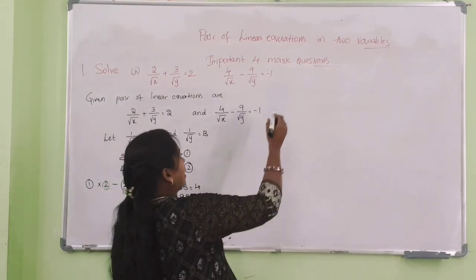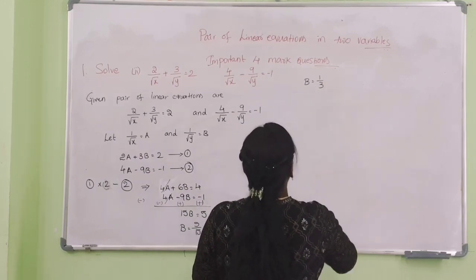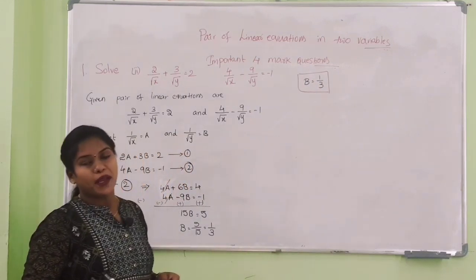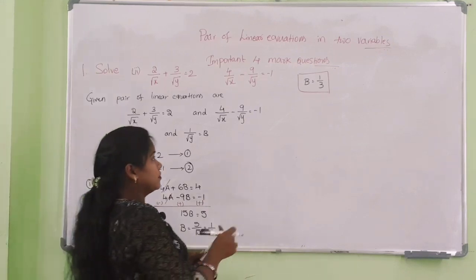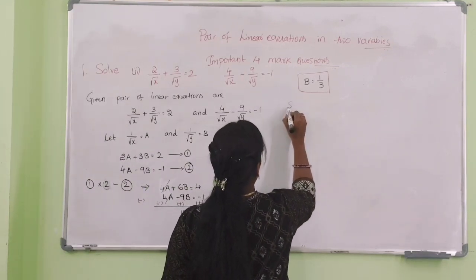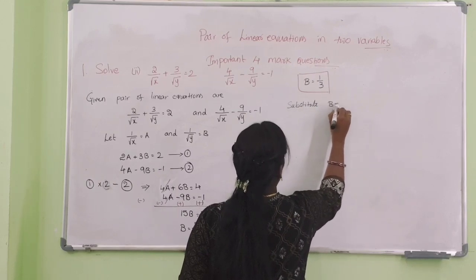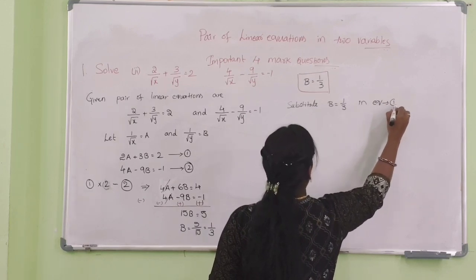So we got b value as 1 by 3. Now substitute b is equals to 1 by 3 in equation 1.